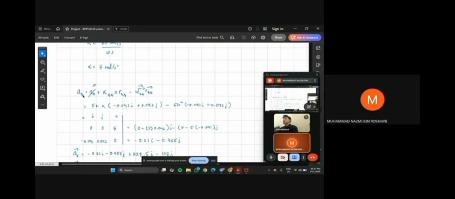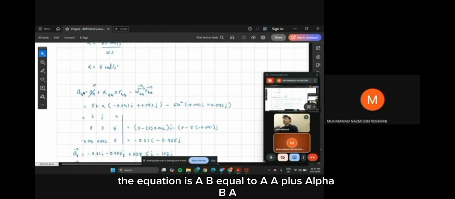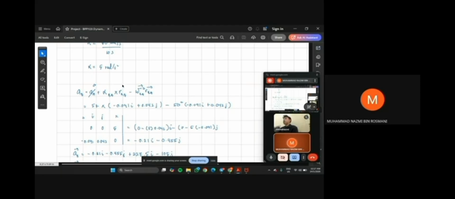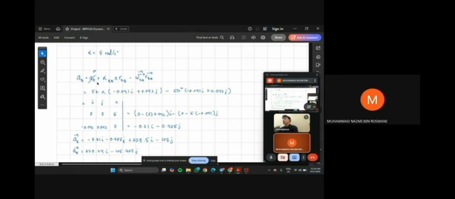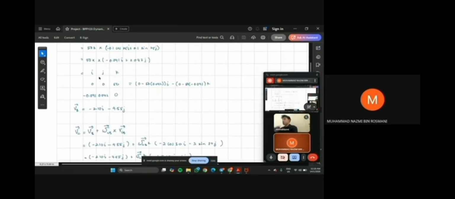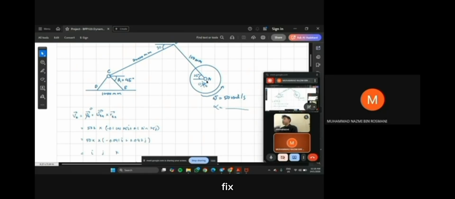For acceleration, the equation is AB equals AA plus alpha BA times RBA minus omega BA squared RBA. For the calculation, we just put in the values. The acceleration of A is also 0 because A is fixed.